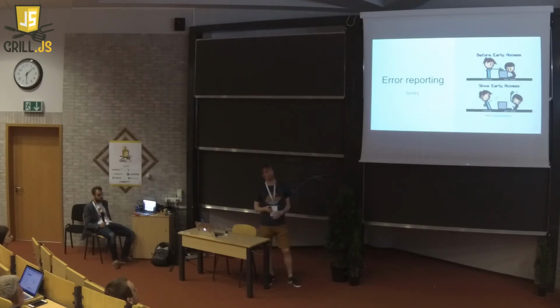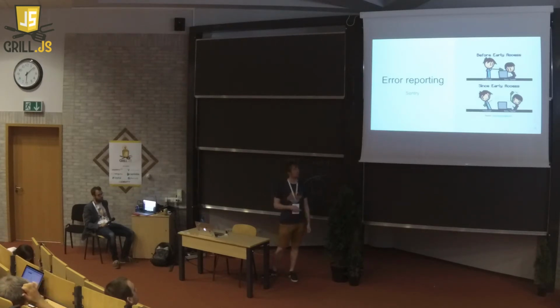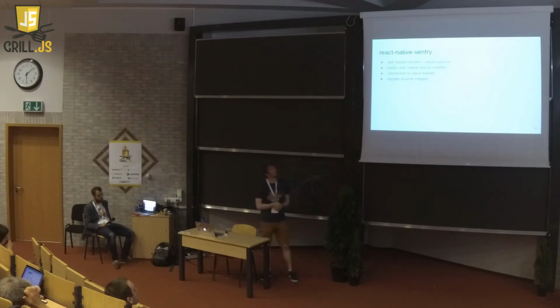Therefore, we need some kind of reporting, but on the level of the native layer that's also aware of the JavaScript layer. So we need a solution that's able to track both native code and JavaScript code as well. And well, there is a package called React Native Sentry.